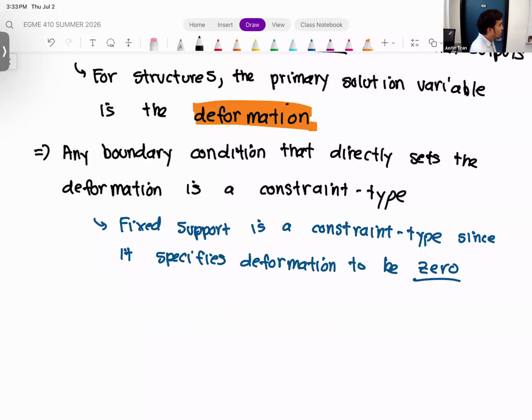So constraint types are very important for these FEA simulations. In fact, every finite element simulation has to have at least one constraint type in order for it to be valid.